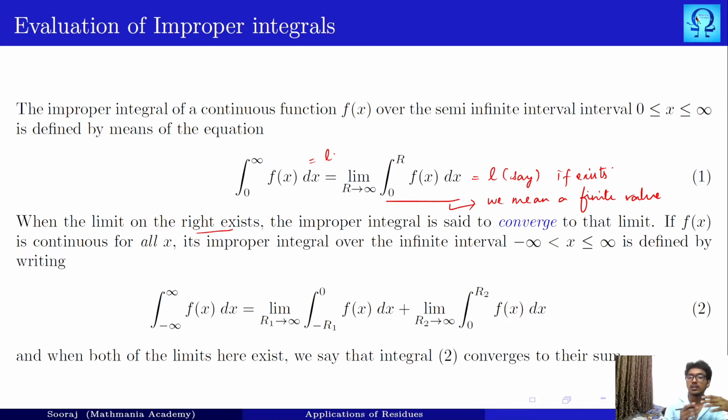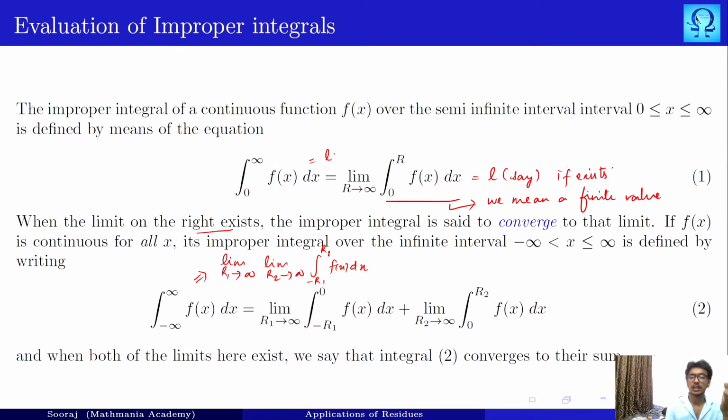And if we have a continuous function which is defined throughout the real line, then integral minus infinity to infinity f of x dx is split into two parts using the properties of Riemann integration. First of all, this shall be written as limit r1 approaches infinity and limit r2 approaches infinity of integral minus r1 to r2 f of x dx.